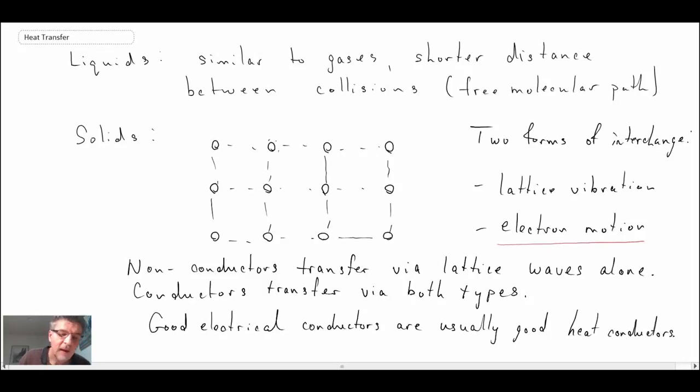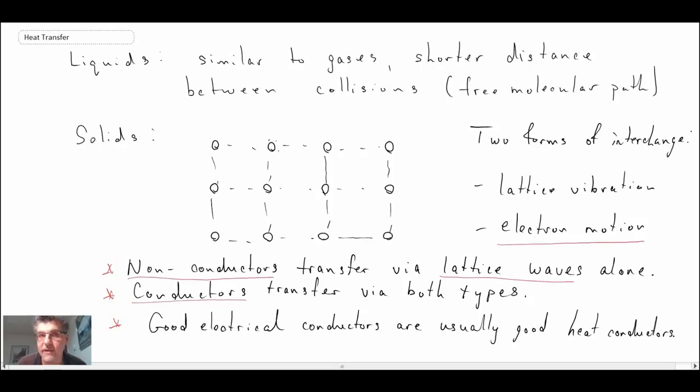Okay, so a non-conductor would be an insulator, and it transfers energy via lattice waves alone. A good conductor transfers energy through both lattice waves, or lattice vibration, as well as electron motion. The final comment here is that good electrical conductors are usually good heat conductors.